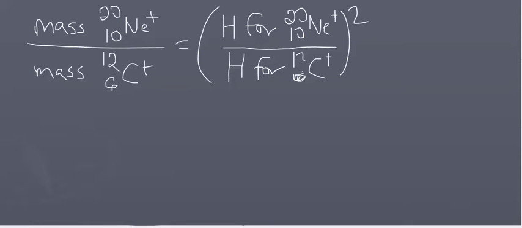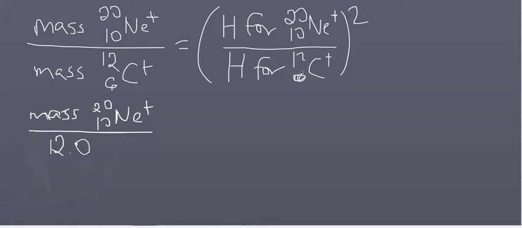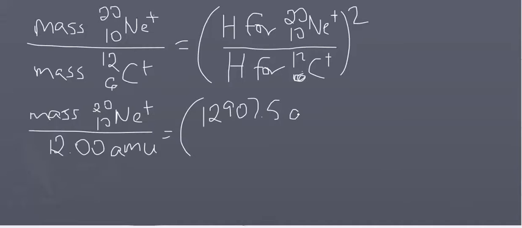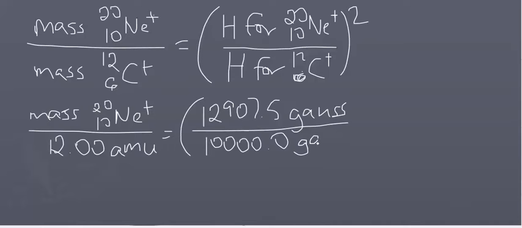I'm going to make up some numbers here for the magnetic field strengths. But again, I want to determine the mass of neon 20. I know the mass of carbon-12 is exactly 12.00 AMUs because that is defined. Now these magnetic field strengths, I'm just making up the numbers, but you would get these from the mass spec. Magnetic field strength is measured in what's called Gauss. And remember to square that.